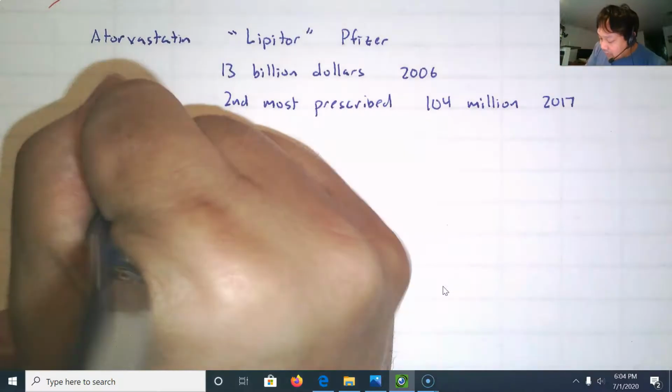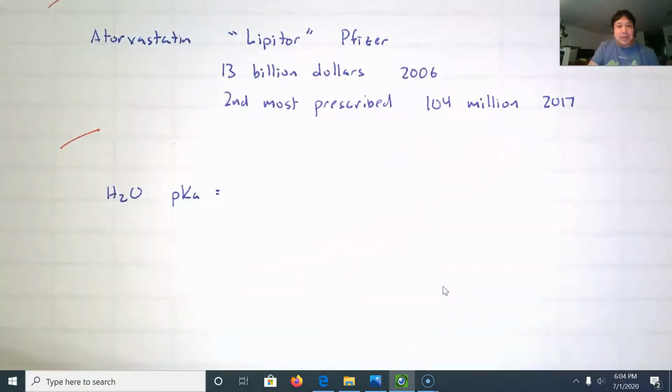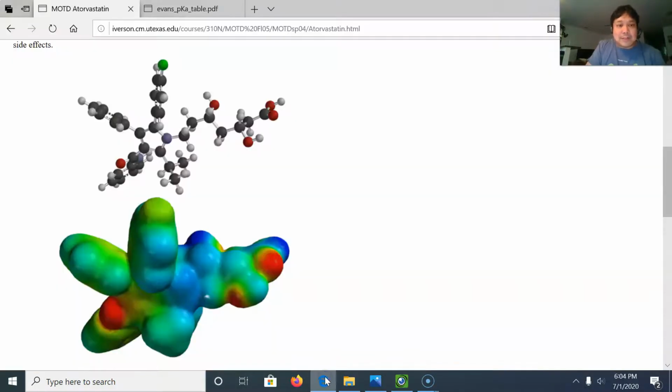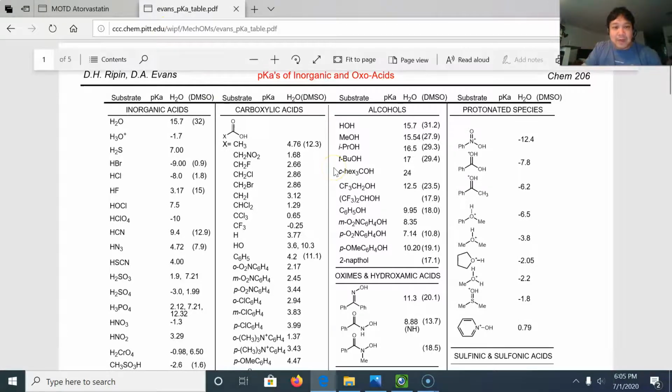And the water has a pKa equal to, we're going to go back to the internet and look at Evans' pKa table. This is a pretty famous, much used pKa table from the Evans group, and water's over here. They put it under the alcohol section, 15.7.